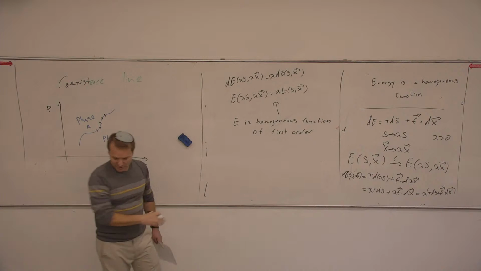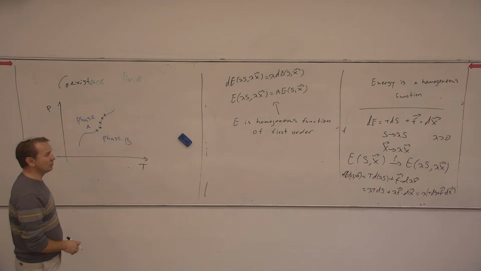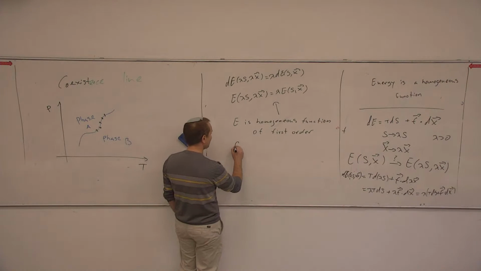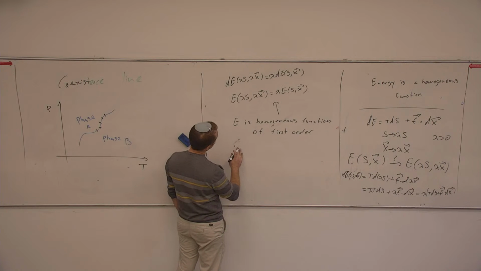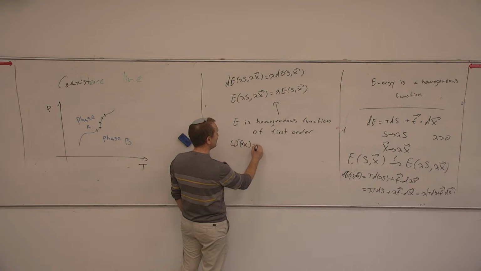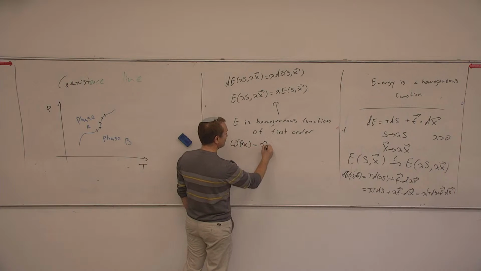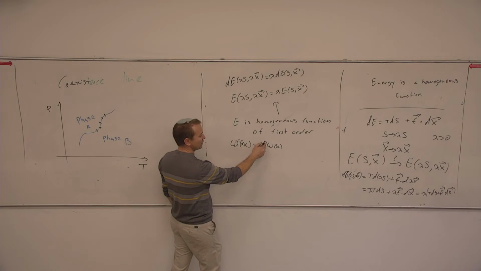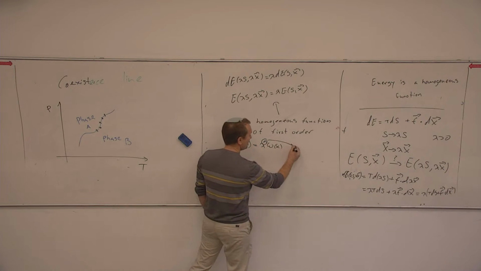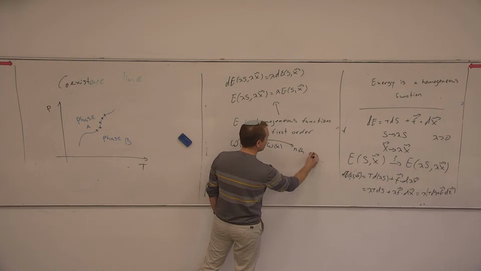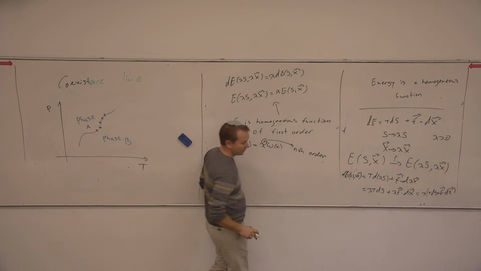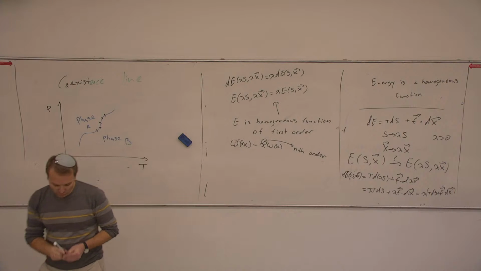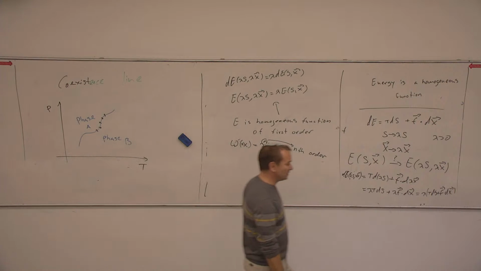Maybe you had a class or assignments about homogeneous functions. In general, if I have omega of lambda x equals lambda to the power n of omega of x, this is a homogeneous function of nth order. Why are those homogeneous functions interesting?